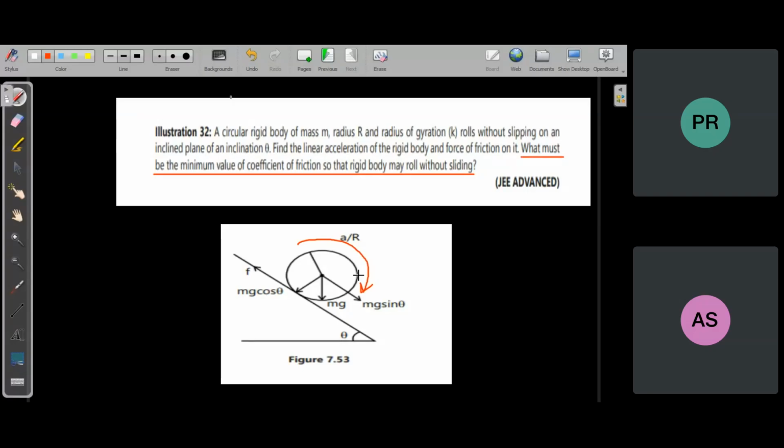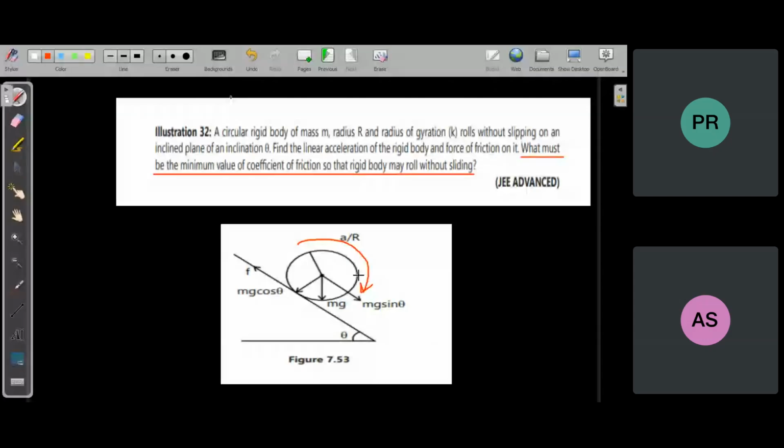That is, the minimum value of mu so that the body will be in pure rolling. You can just tell me the equation.